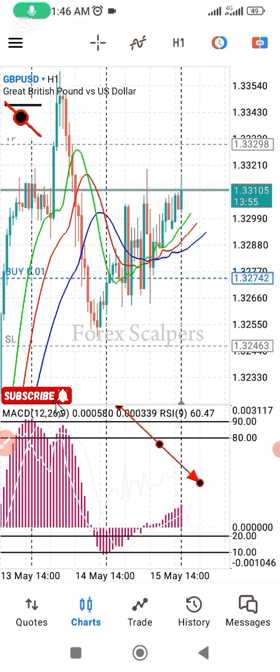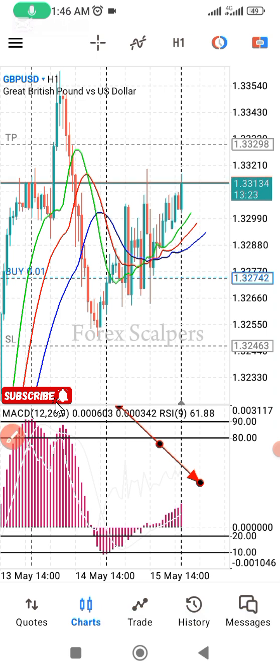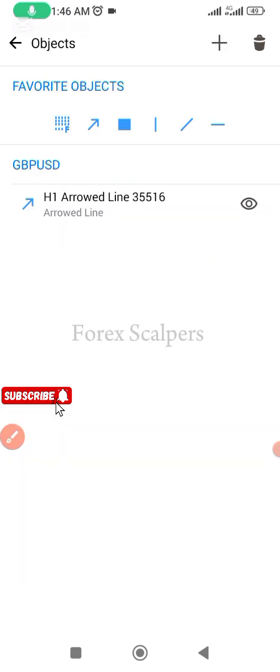When the MACD histogram is above this zero level, it is a sign that we are in an uptrend, because it is showing you the momentum of the buyers. That is the bullish trend. That is the first thing you do to determine where the MACD histogram is. Is it above the zero or below the zero on your 1 hour time frame?